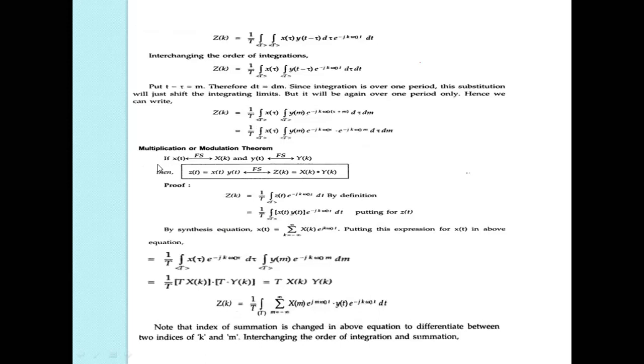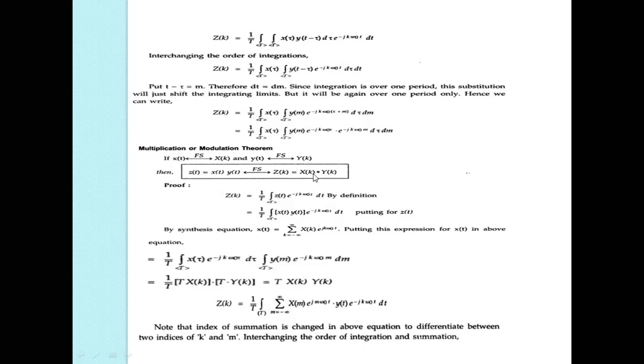And next, coming to the multiplication or the modulation theorem. The statement says that if x of t has Fourier series x of k and y of t has Fourier series y of k, now observe here, the time is a product or multiplication.